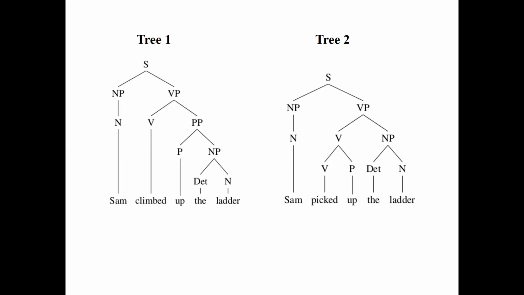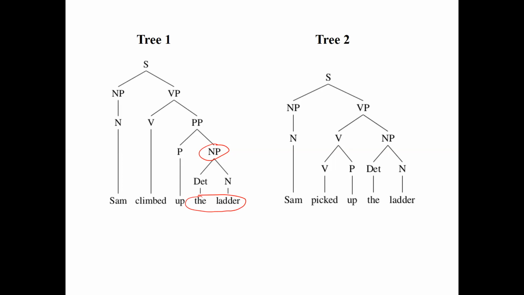If I grab this noun phrase node and yank it out of the tree with everything under it, I get the determiner node and the noun node and the and ladder, and that's a constituent. Or I could say that the string of two words, the ladder, is a constituent because there exists a node, namely noun phrase, that dominates the and ladder and nothing else. So that's the definition of constituent.